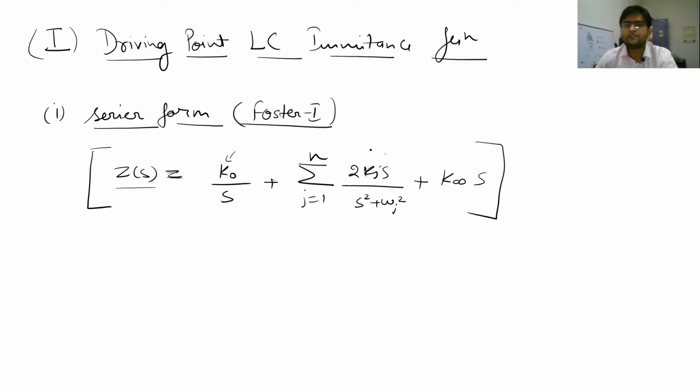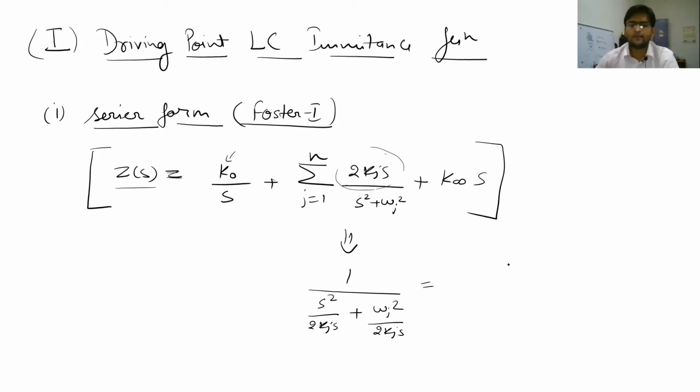Similarly, if you see this second element, what would you get from it? If you put this numerator into denominator, let me do it right here. Let me take only this one component. So if you put this in the denominator, you will get S square upon 2kJs plus omega j square upon 2kJs.